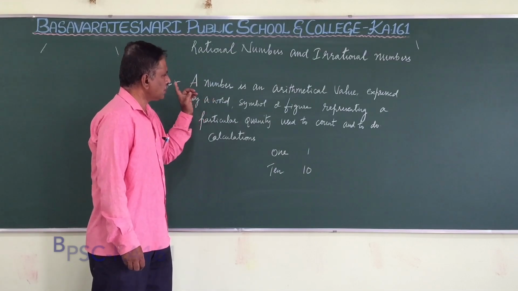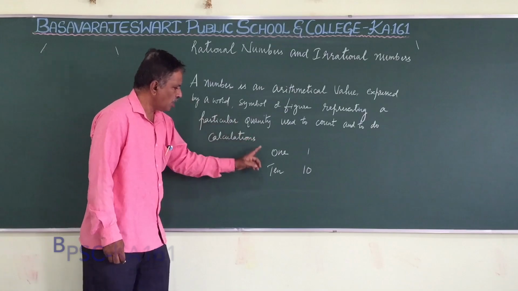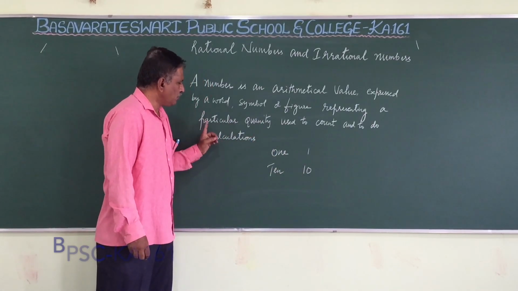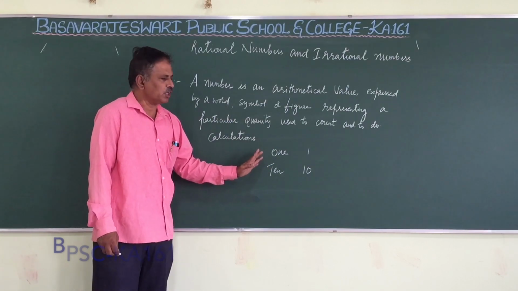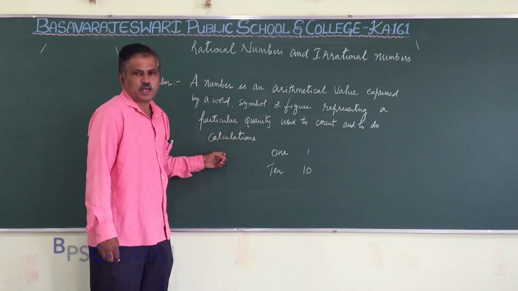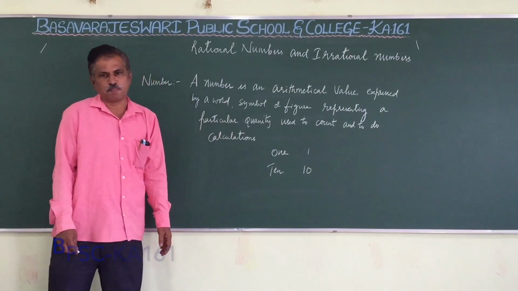Hence, a number can be defined as an arithmetic value expressed by words or symbols which represent a particular quantity, which helps us to count or do calculation. Note this down.